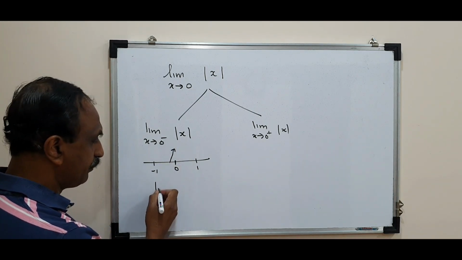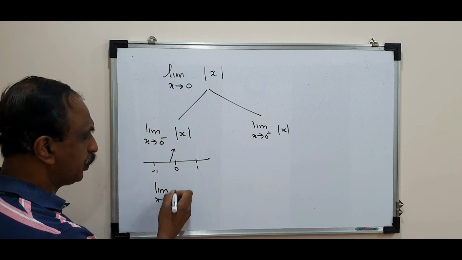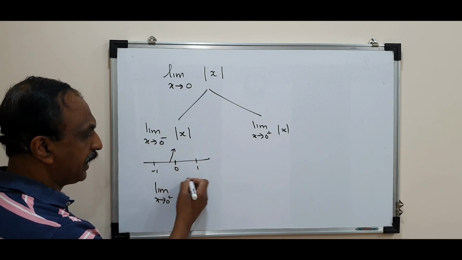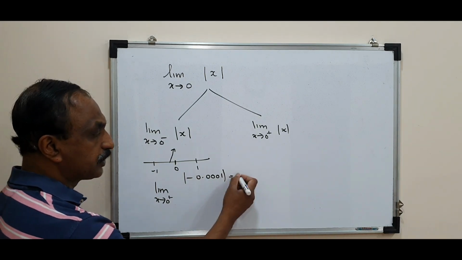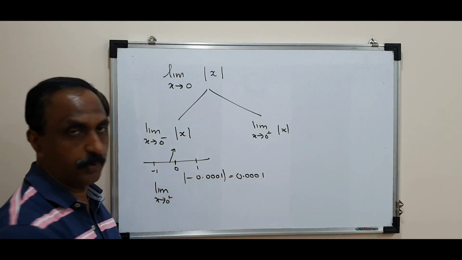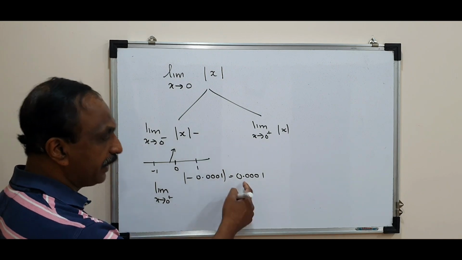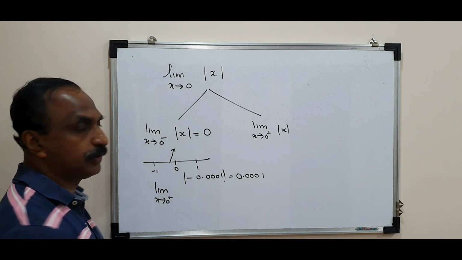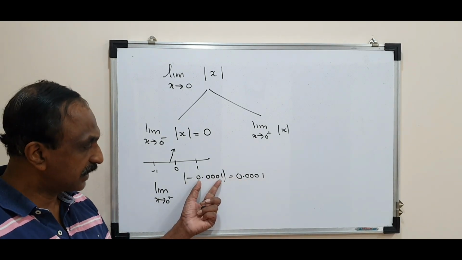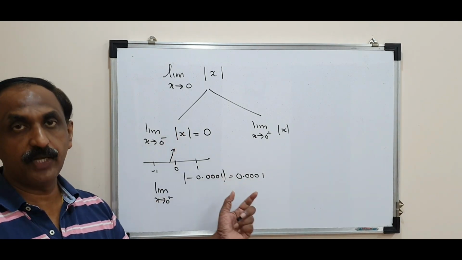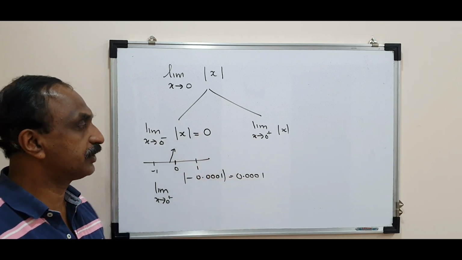When you take the modulus of that, let's say I put modulus of minus 0.0001, naturally it will be 0.0001, a positive number, but it will be very near to 0, so the limit happens to be 0. Whenever x is such a small number, modulus of x will be very, very small but positive, so I'll get 0.